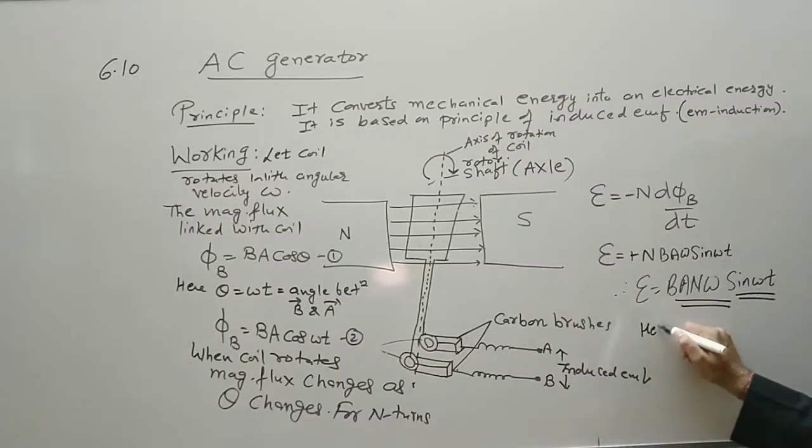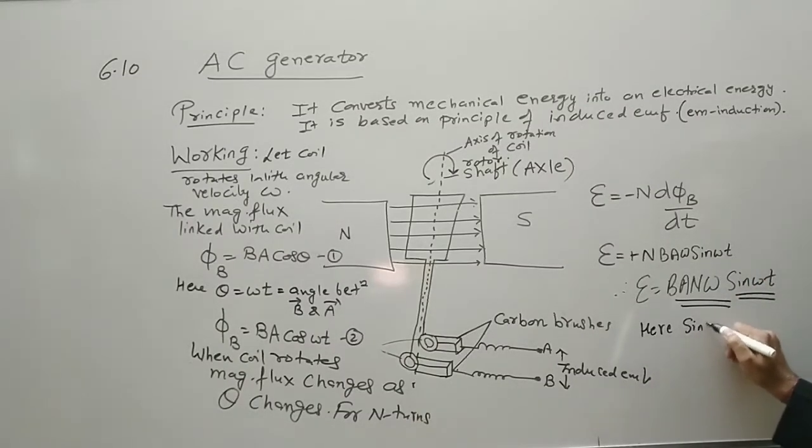Here sine omega t oscillates between plus 1 and minus 1. That is its maximum minimum value.